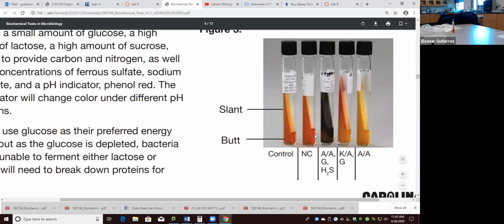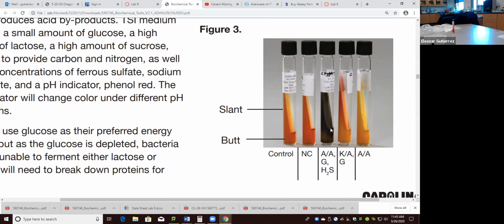So you can have a lot of different things happening. For example, anaerobically, this middle dark one is an example of an anaerobic event. What happens is the media has sulfur. If you have an organism that uses sulfur instead of oxygen as a final electron acceptor, then it reduces sulfur into H2S.